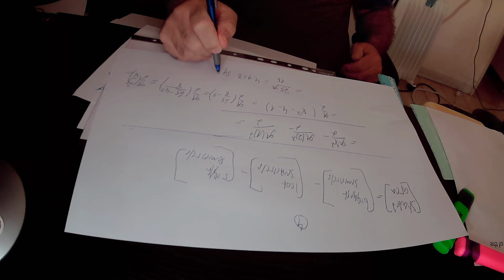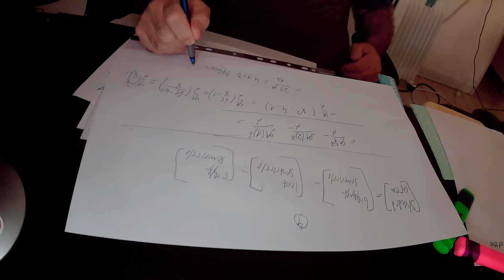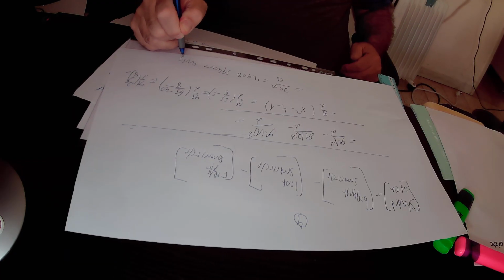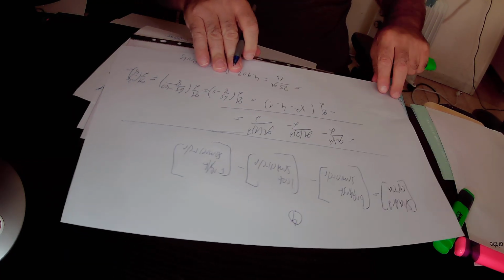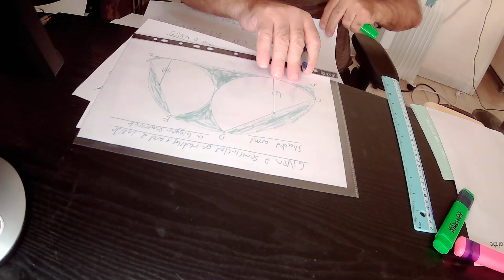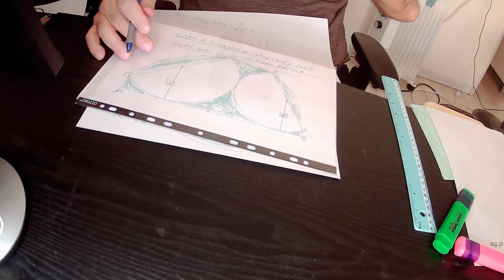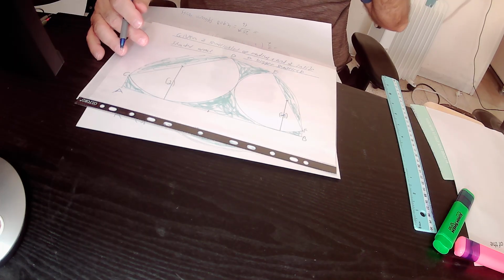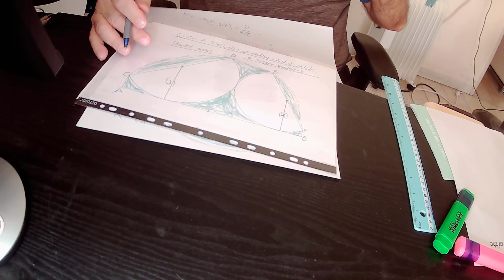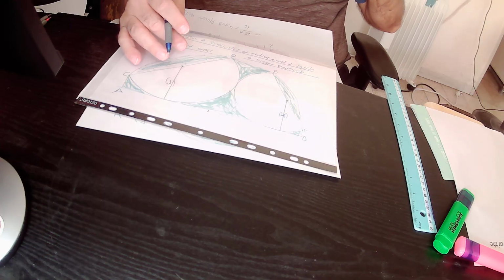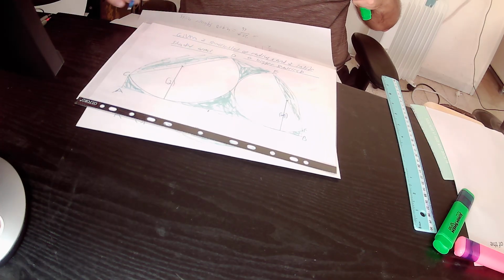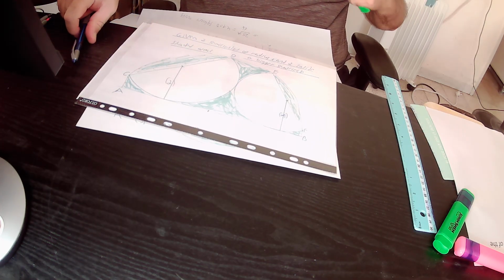Again, the size of this shaded area is either 25 pi over 16 square units, or 4.908 square units. So, we have finished answering the first question.